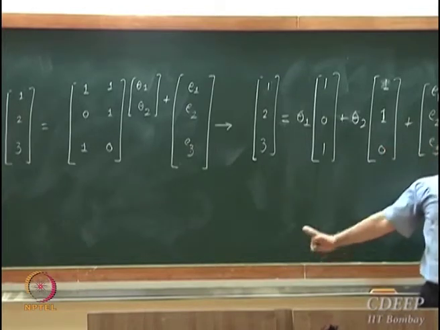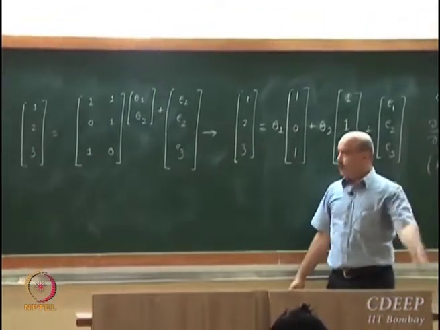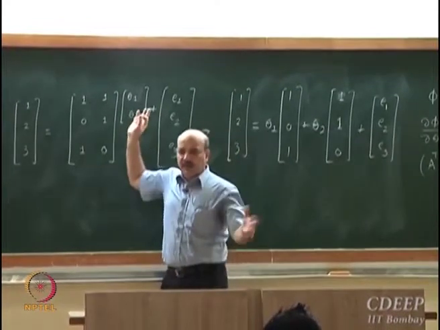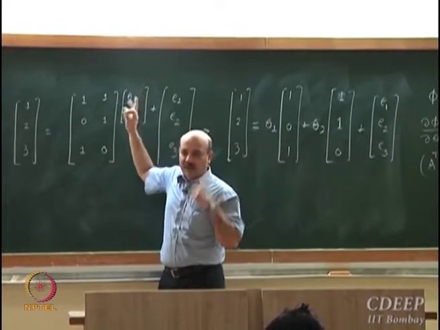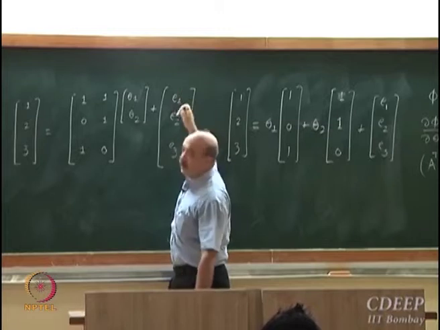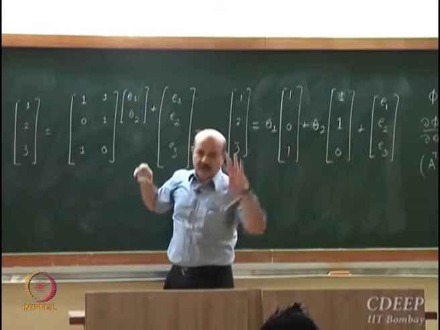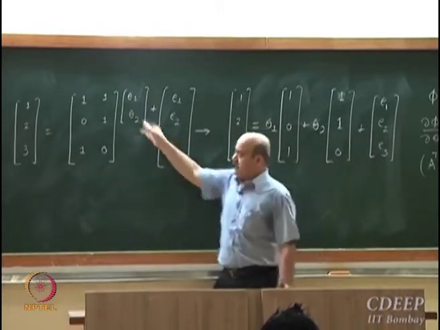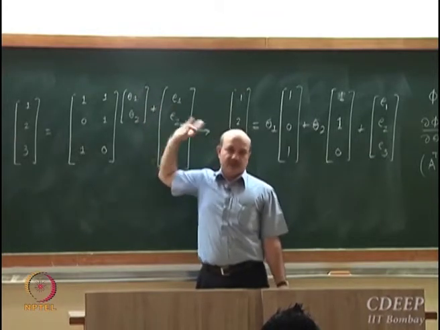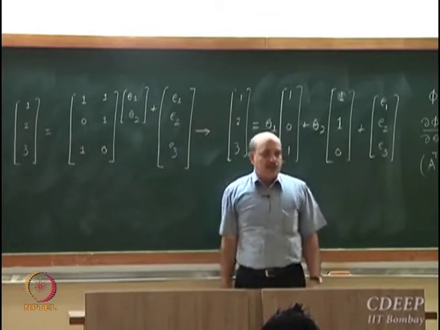I have taken a very simple problem: 3 equations, 2 unknowns. Actually there are 5 unknowns: E1, E2, E3, theta 1, theta 2. But as far as the parameters are concerned, there are only 2 unknowns, theta 1 and theta 2. 2 parameter unknowns.